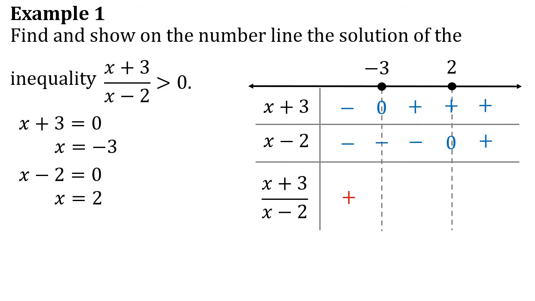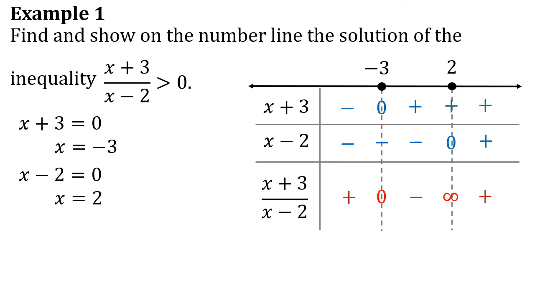Next, in the broken line, 0 divided by negative is 0. Then the next column, positive divided by negative, that is negative. Now, how about positive divided by 0? That's undefined. And then positive divided by positive is positive.